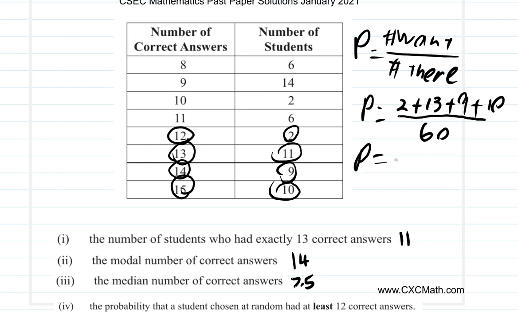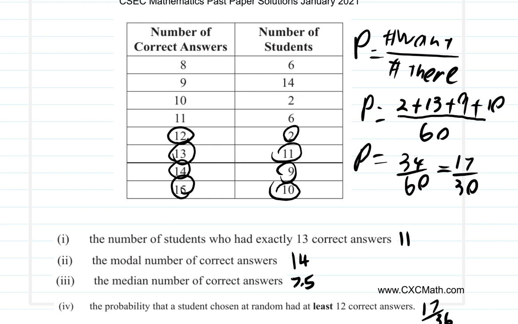So the probability is, let's add these, 13 and 2. 13 and 2 is 15. 15 plus 9 is what? It's 24. 24 plus 10 is 34. 34 out of 60. 2 into 34 is 17. 2 into 60 is 30. So it's 17 out of 30.